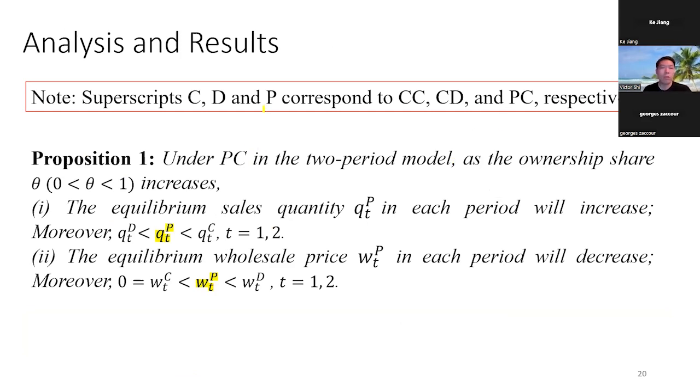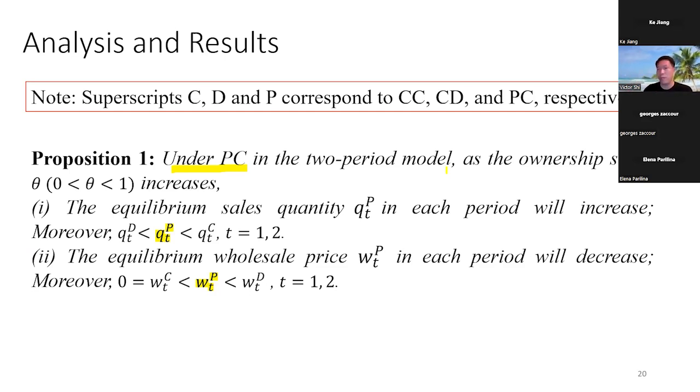The second result is about PC now. So now we put the partial centralization into the picture. On the PC, as the ownership share theta increases, where ownership is about how much ownership in the retailer is held by the manufacturer, so the manufacturer is going to own the retailer.